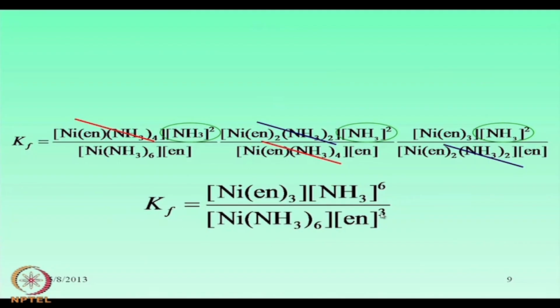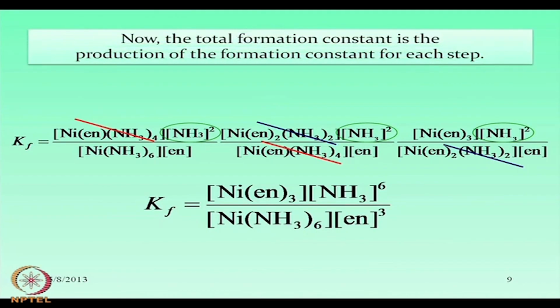So, we get basically the Kf value, the overall formation constant, the cumulative constant for the formation of the tris-ethylenediamine nickel(II), which will be the Ni(en)3 concentration, then NH3 power 6, divided by the Ni(NH3)6 concentration and en concentration powered by 3. So, we can find out the K for the single step reaction where the tris-ethylenediamine nickel complex is forming from the hexaamine nickel(II) species.